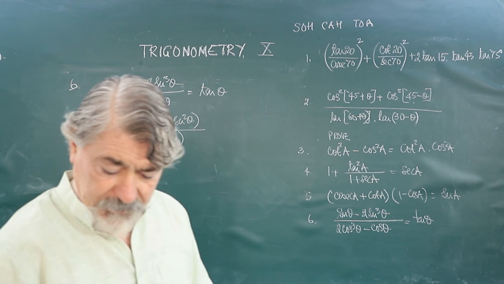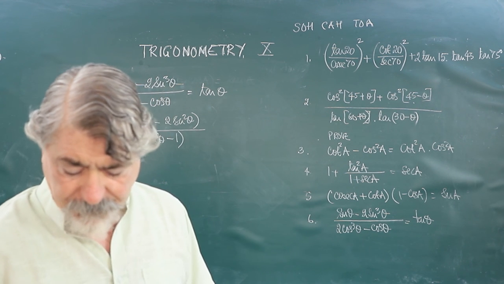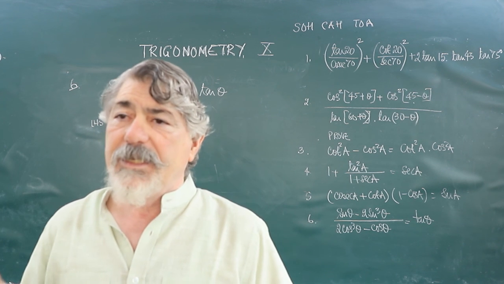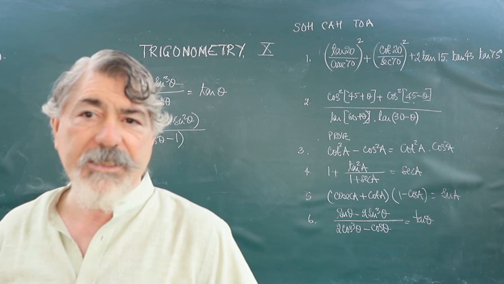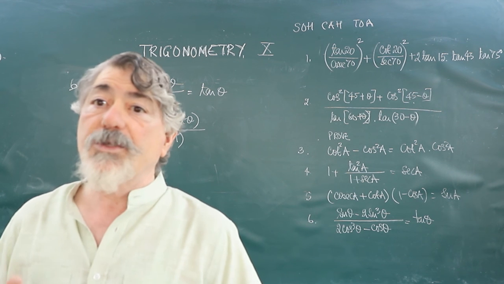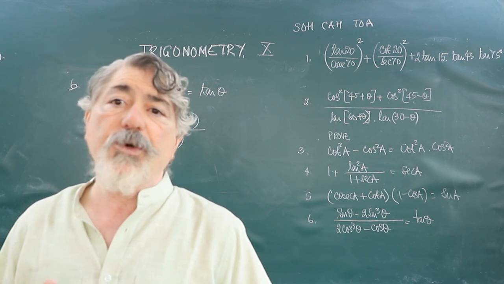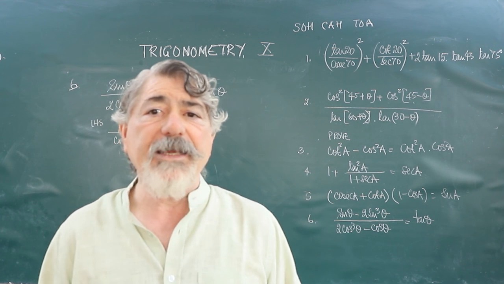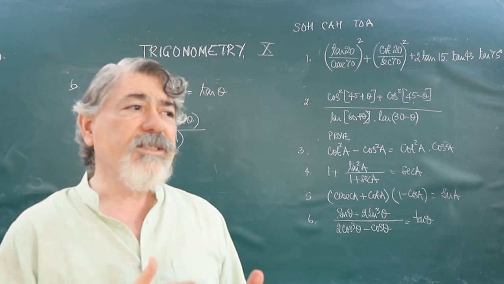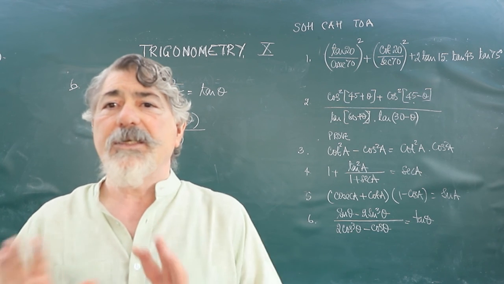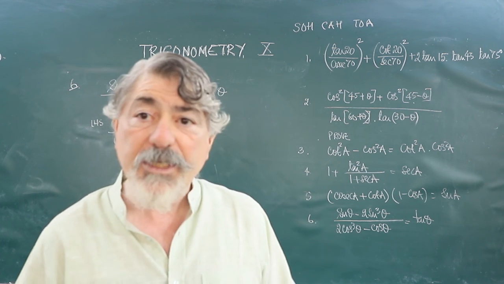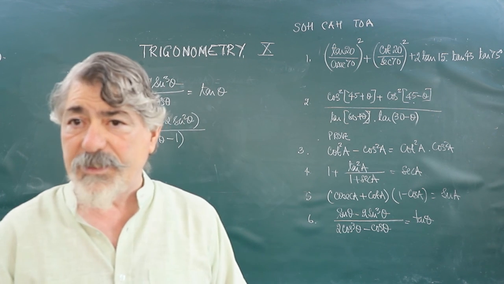We had told you one thing, when we were talking about the fundamental identities, like sin square theta plus cos square theta is 1. If you go back to my earlier lectures, you will find that I had said whenever you see sin square theta plus cos square theta, you immediately put it equal to 1. Or when you see 1, you can use sin square theta plus cos square theta.